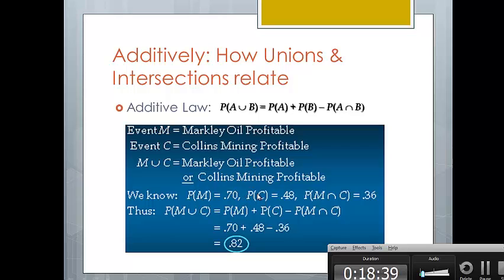We knew the probability that Collins Mining was profitable was 48%, and we knew there was a 36% chance that both of them were profitable. So if we calculate the union that way, that 70% plus that 48% minus the 36% to prevent any double counting in there, we come up again with our 82% as we saw previously.